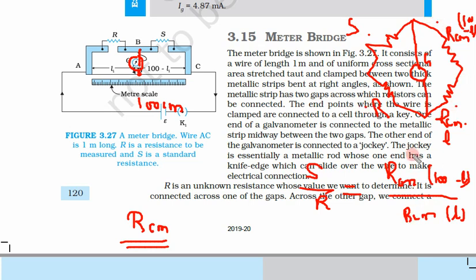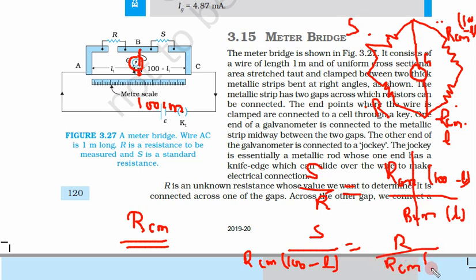This RCM is cancelled. So the ratio of S upon R must be 100 minus L upon L. Or we can take it another way, S upon 100 minus L RCM must be equal to R upon RCM into L. RCMs again get cancelled.